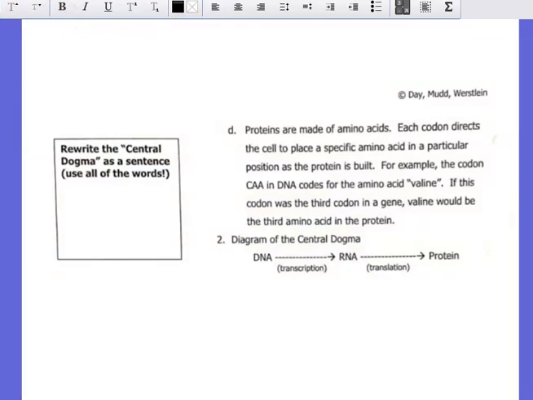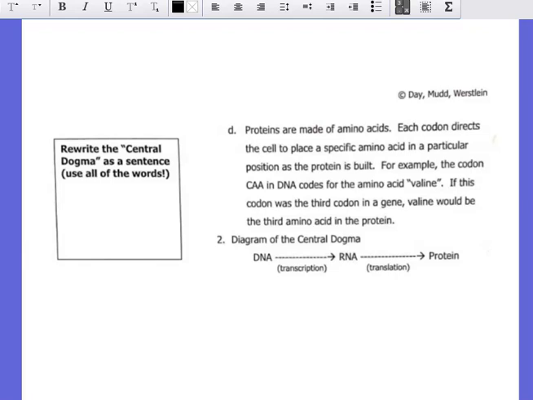So again, your proteins are made of those amino acids. Every codon, every 3 letters, will direct your cell to make a specific amino acid where the protein is built. So for example, if you have the codon CAA in DNA, it eventually codes for your amino acid called valine. If this codon was the 3rd codon in a gene, that means valine would be the 3rd amino acid.